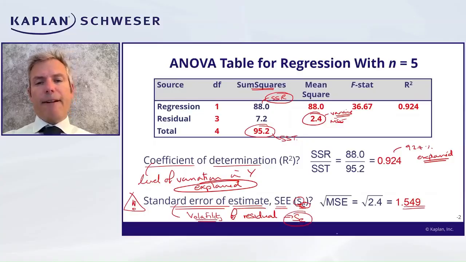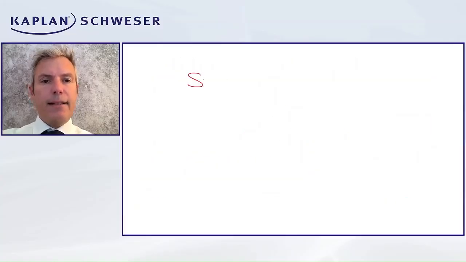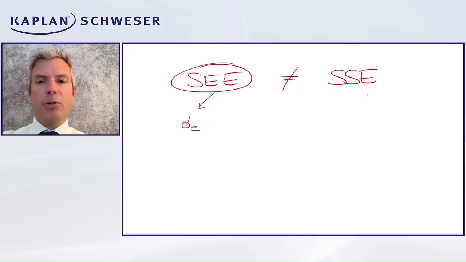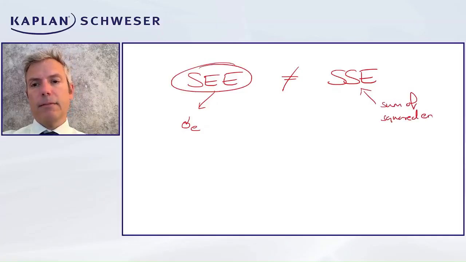So be very careful with that, because SEE, the standard error of the estimate, which is really just the volatility of the residual, looks a lot like SSE. But it's not the same thing, is it? That's the volatility of the residual, and that is the sum of squared errors. In other words, the sum of your errors after you've squared them.